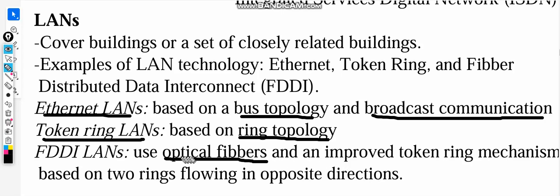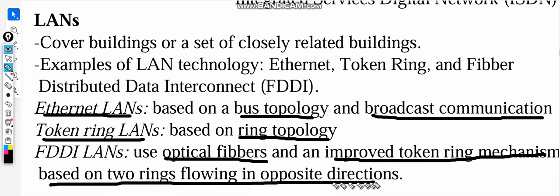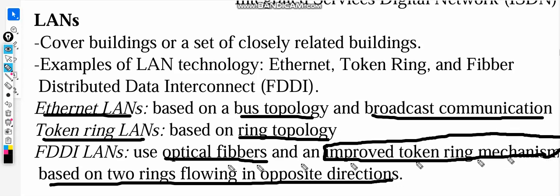So, token ring LAN is based on ring topology, and FDDI LAN uses optical fibers and an improved token ring mechanism based on two rings flowing in opposite directions.